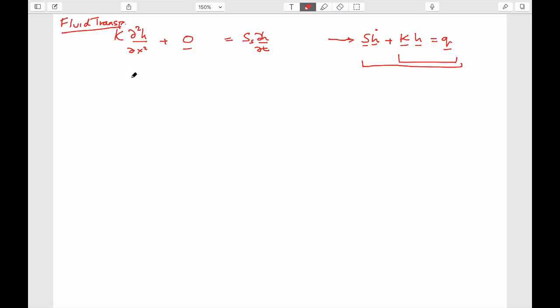It is a diffusion equation, but the property that's diffused is the pressure. It's not diffusion of the fluid per se, but diffusion of the pressure pulse in the system. So this is definitely a diffusion equation, with that caveat.